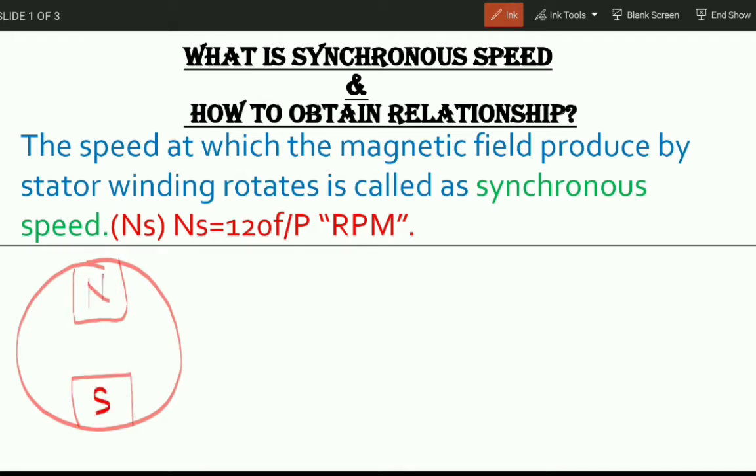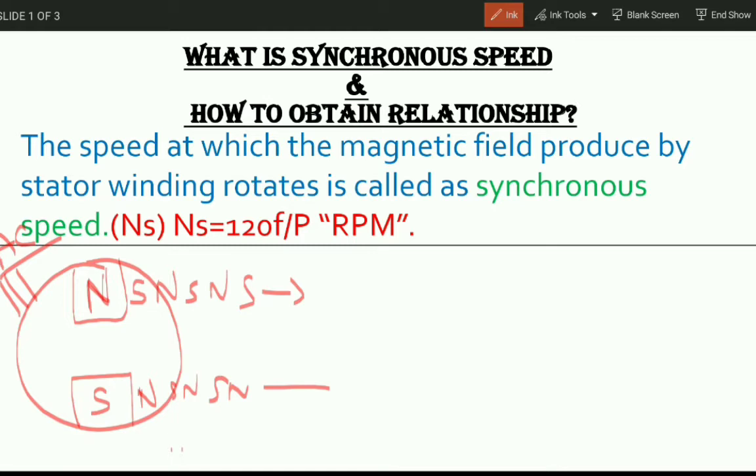We know the three-phase induction motor is an AC motor, so we give an AC supply. Since we give an AC supply, these magnetic poles keep changing: if it is north, in the next moment it becomes south, then north, south, north, south. How many times does it change?